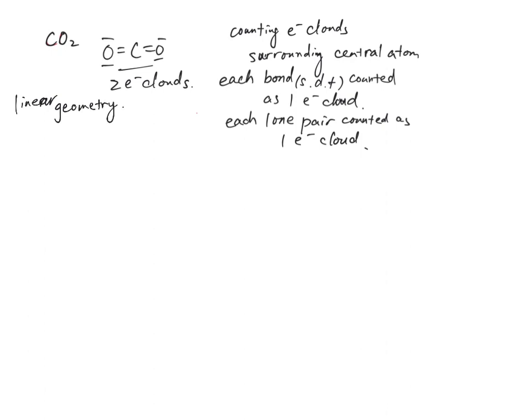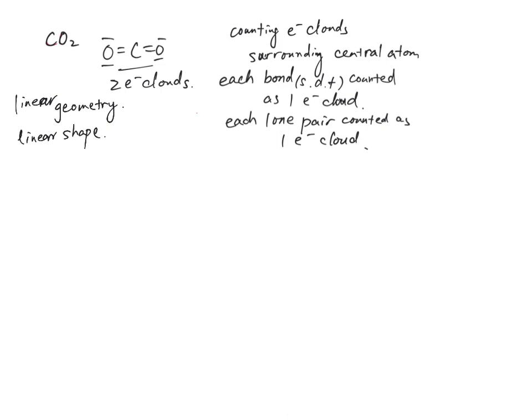And because you don't have lone pairs, remember we talked about the difference between the shape and geometry on our last exam, which is because you have lone pairs on it. In this case, we don't have lone pairs, so linear geometry and linear shape.